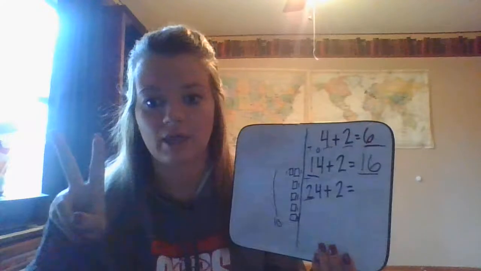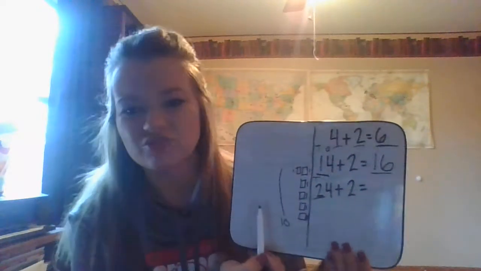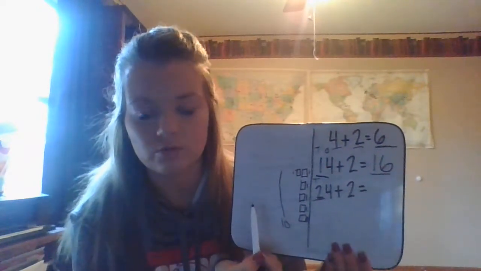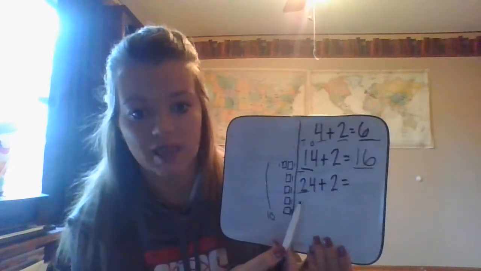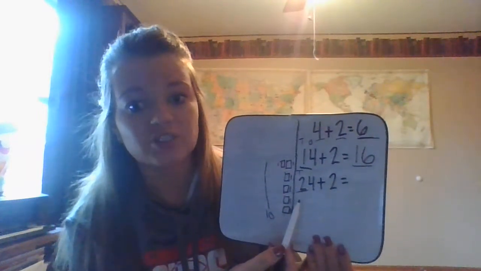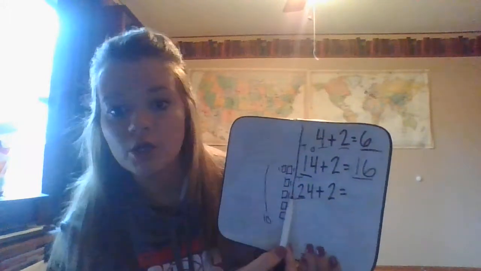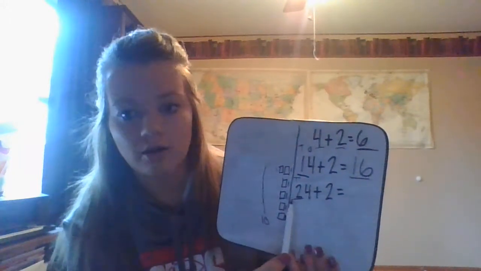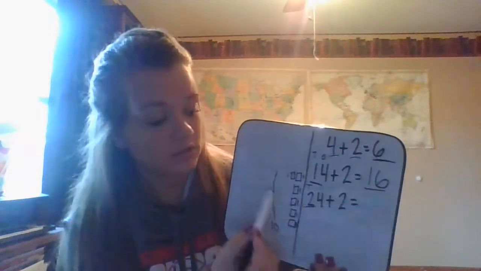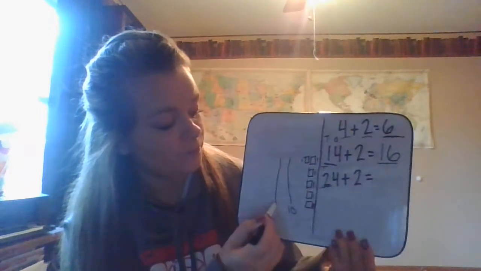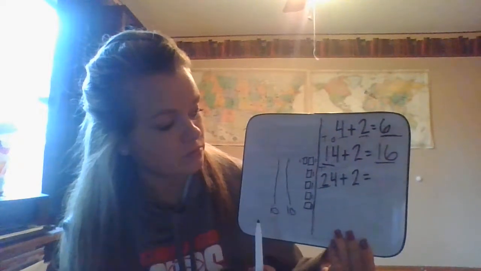1, 2. So now for our drawing, what do you think we're going to do? Be careful because you're not going to add 2 more groups of 10. Remember we just said to go from 1 to 2, you're only adding 1. Look at the 10's place. It only went up by 1. So I'm going to add another group of 10.